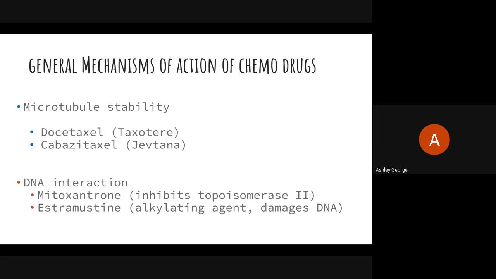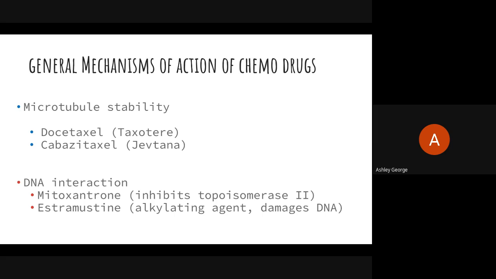There are some other older chemotherapy drugs, as I mentioned before, that interact with the DNA. The first one, mitoxantrone, it basically inserts itself between DNA base pairs. It causes the DNA strand to kind of break, and it inhibits DNA synthesis and RNA synthesis.